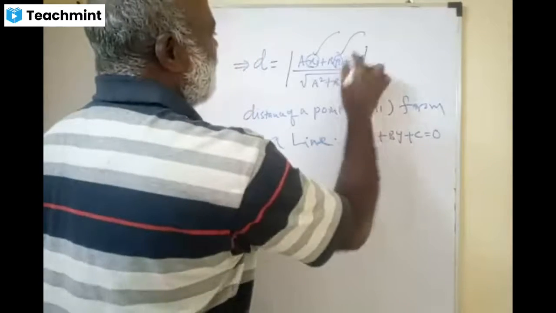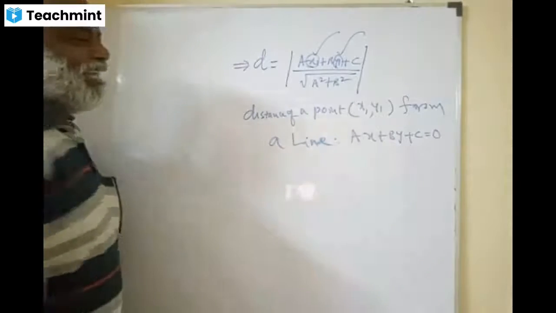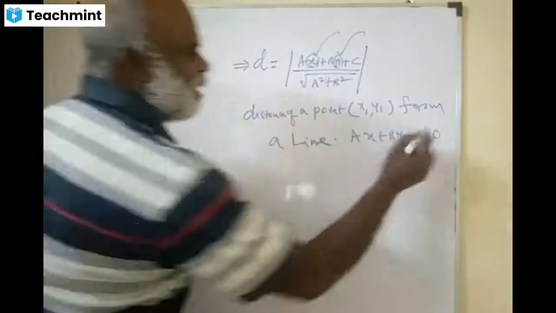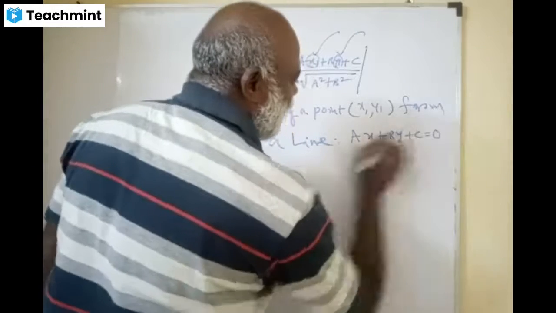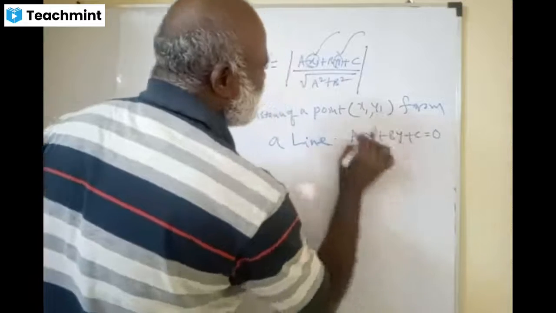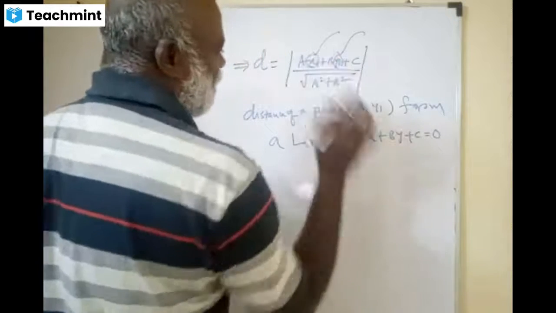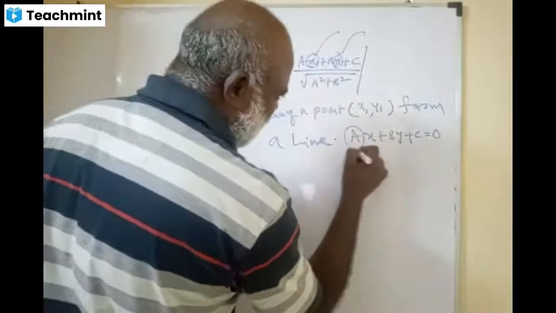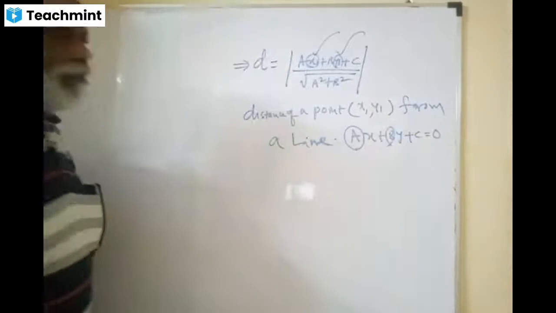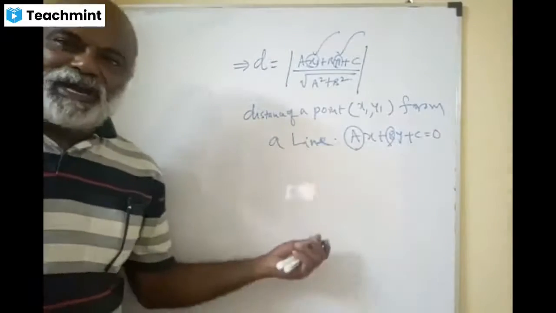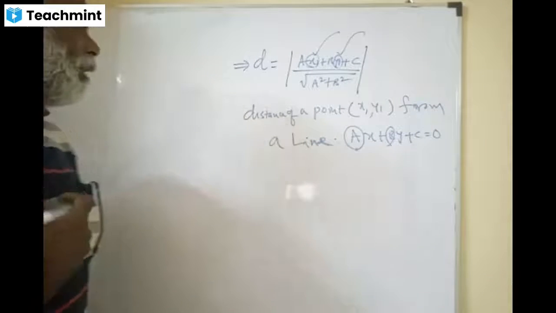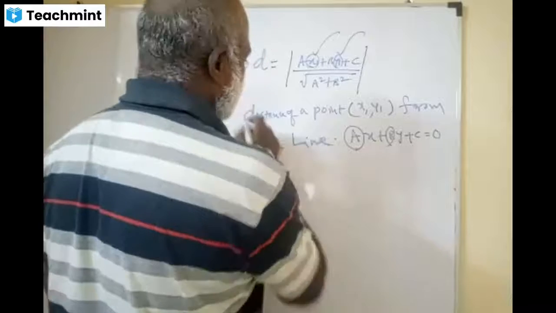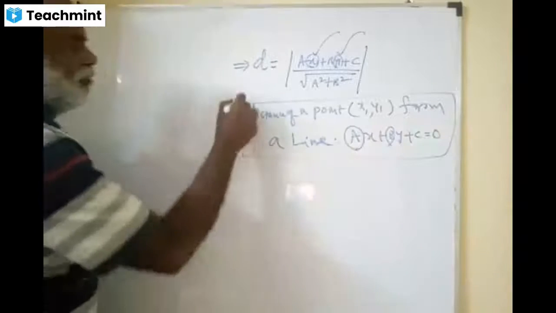We put x1 in place of x and y1 in place of y, and the whole thing is divided by the square root of the coefficient of x and the coefficient of y, that is, a square plus b square. Amazing. What do you call it, ma? Distance of a point x1, y1 from a line. Wow. Look at this.